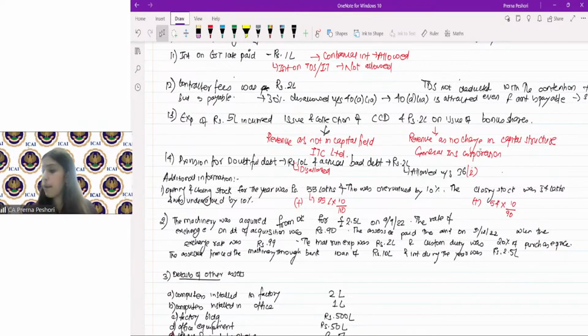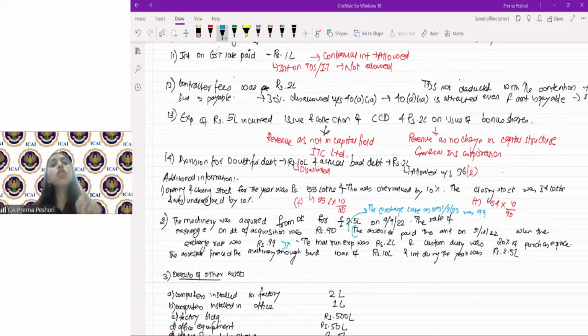So let's say, if this point was not there, and instead I would have written the exchange rate as on 31st March 23 was 99. Then will you still add this amount? Will you still add the $9?